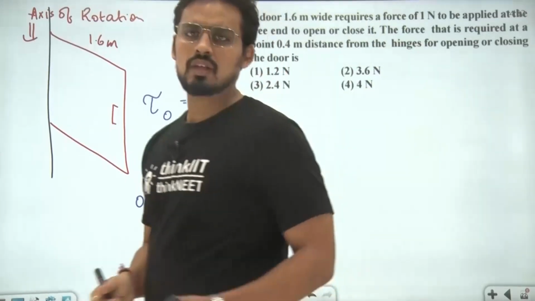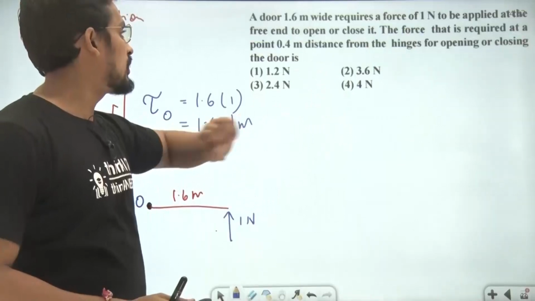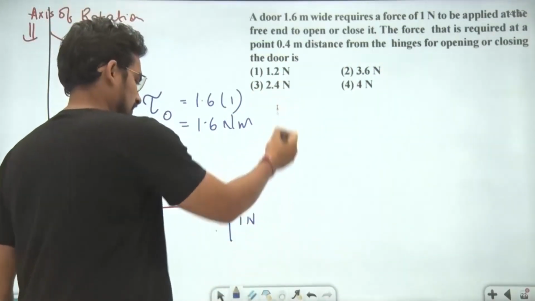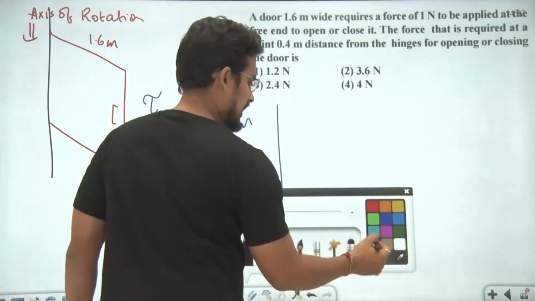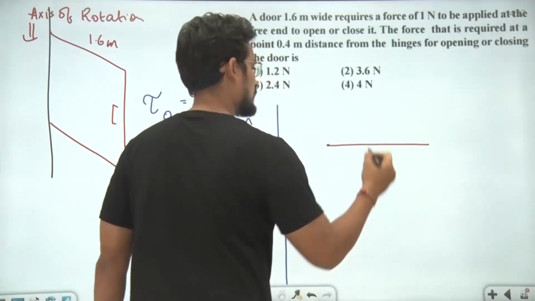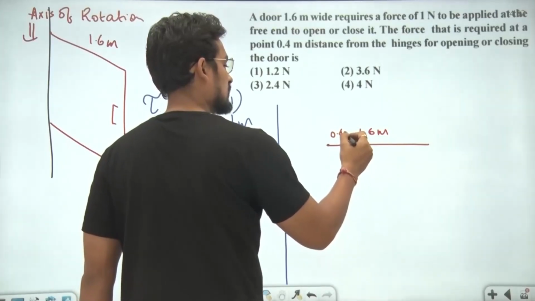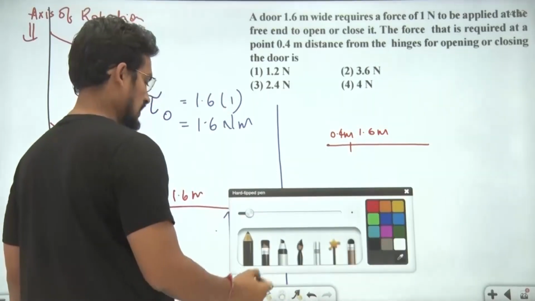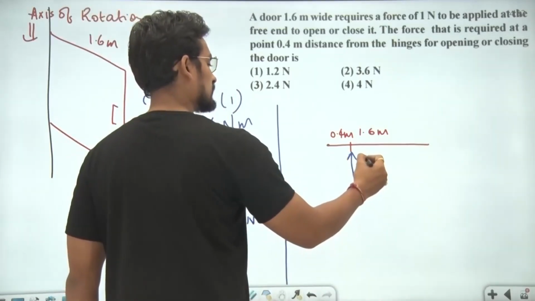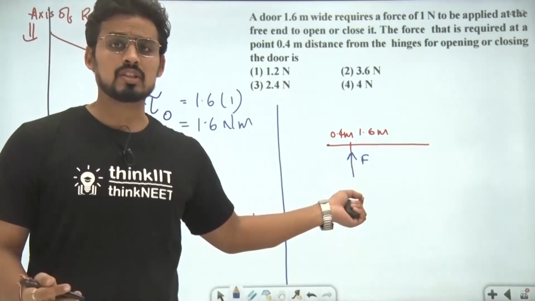Now the question wants us to calculate the value of force when the distance from the axis of rotation is 0.4 meter. If it is 0.4 meter, how will you solve this? You would say, considering the axis as this and the door as this, which is 1.6 meter, at 0.4 meters, we have a force that is being acted on. So this force, let us say, is F. And we basically need to calculate how much is the force such that the door opens.